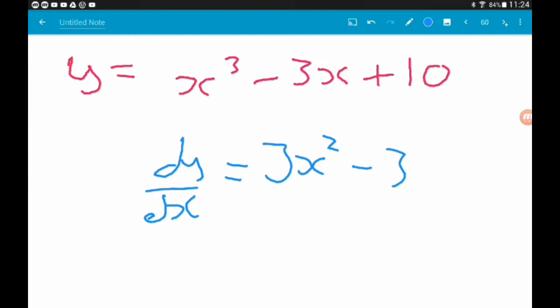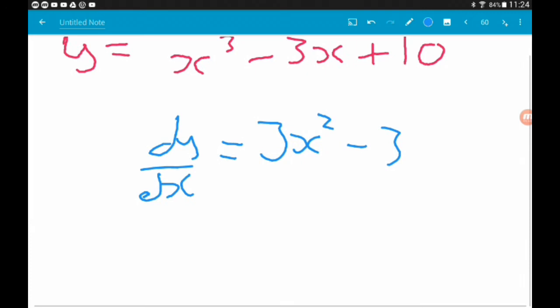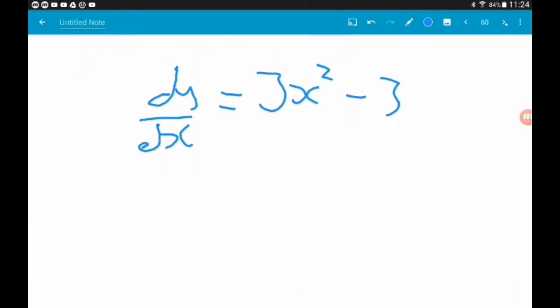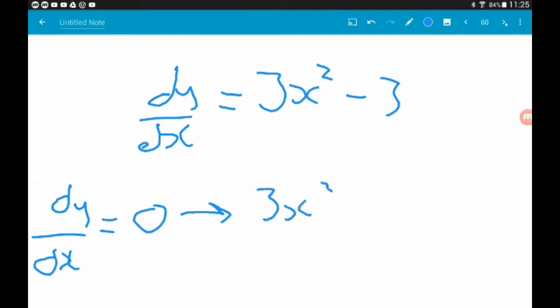Next, we're finding stationary points, so that, or those, are where the gradient is equal to 0. So set dy by dx equal to 0. So that gives us 3x squared minus 3 is equal to 0.